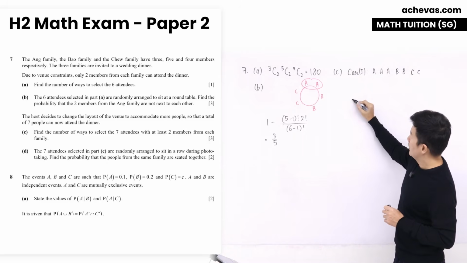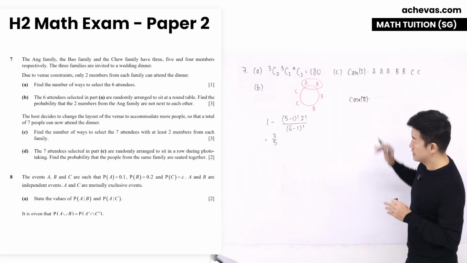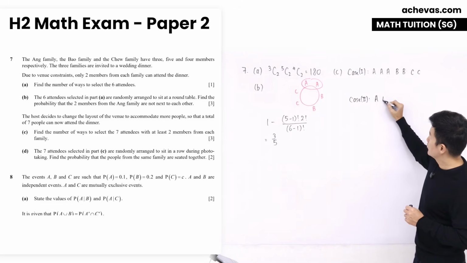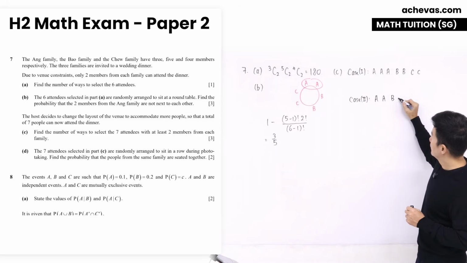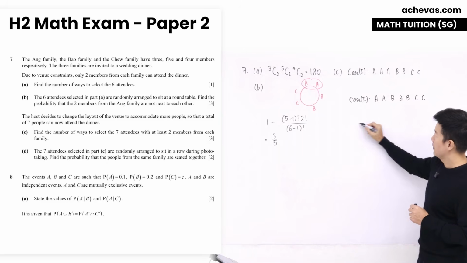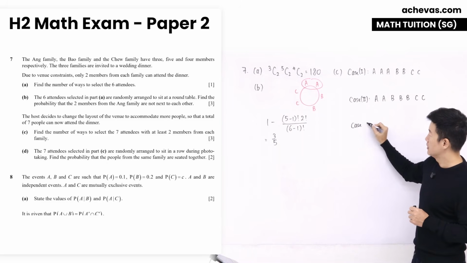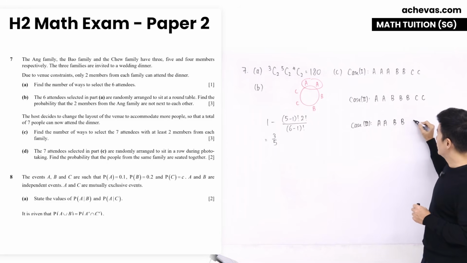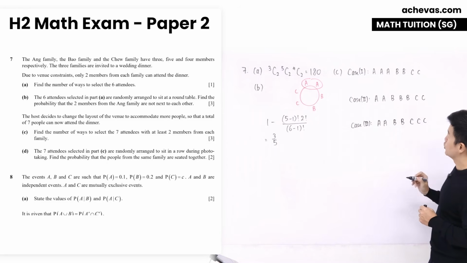C. And I can think of another case where at least 2 members from each family must be present, which is to have 2 from Ang, 3 from Bao, and 2 from Chu. The last case, I think this is now even more obvious. 2 from Ang, 2 from Bao, and 3 from Chu.